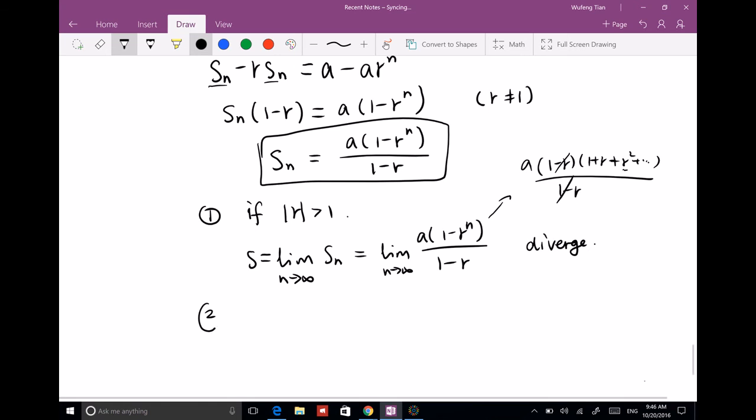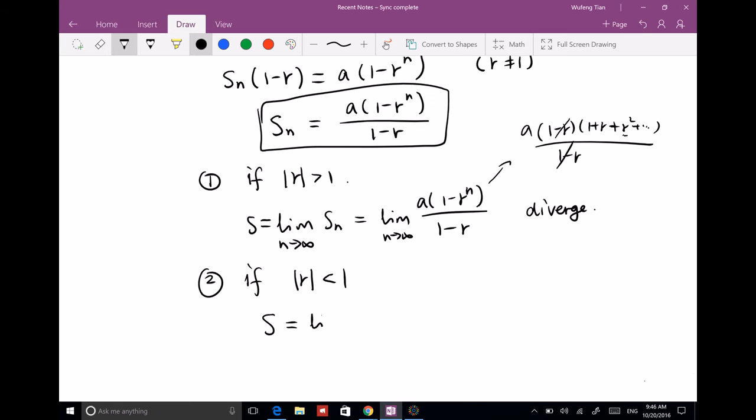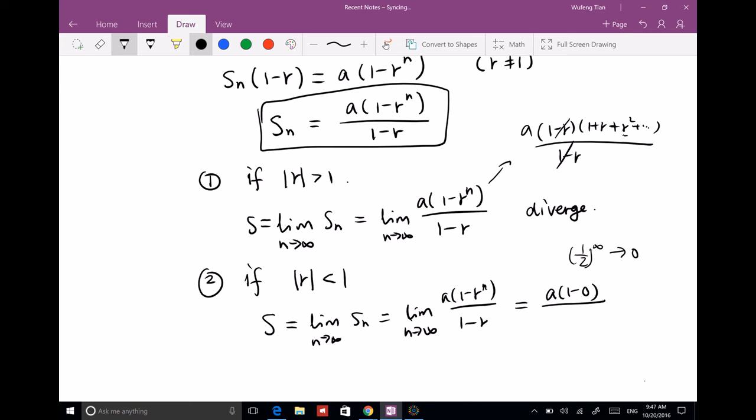Second one, if r is less than 1, then I still have S_n, and as n goes to infinity, this is the limit as n goes to infinity of a times (1 minus r^n) over (1 minus r).